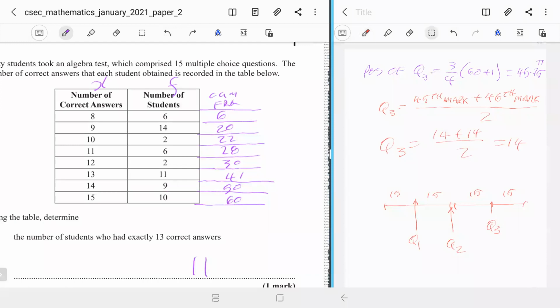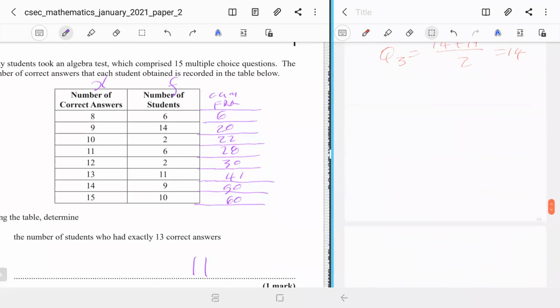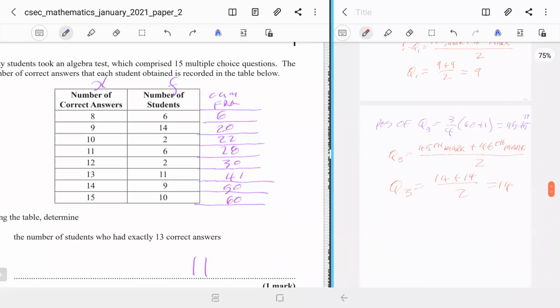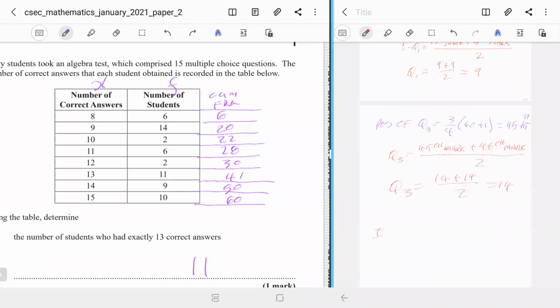And then based on that now, we can get the interquartile range. The IQR becomes 14 minus 9. 14 minus 9 is how much? 5, sir. That's 5. And the semi-interquartile range becomes what?